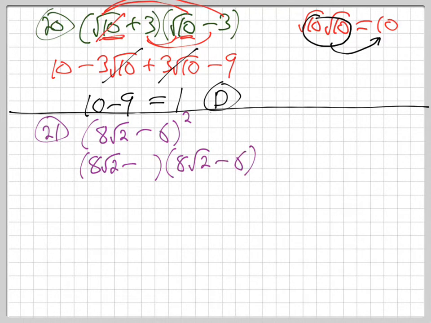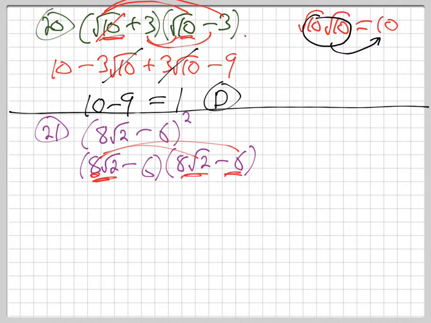You got to write 2 of them, and you got to FOIL it out. So I got to take this guy's got to go to both, right? Boom and boom. Now remember, what's the rule when you're multiplying these square roots? Outside numbers times outside numbers, inside numbers times inside numbers.